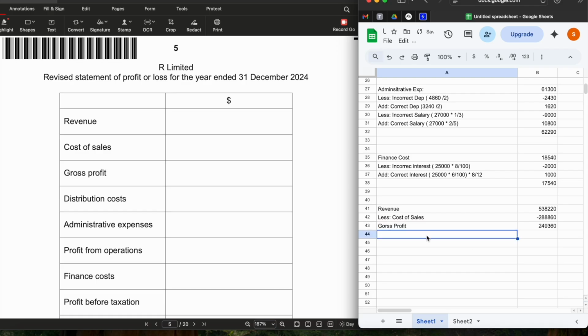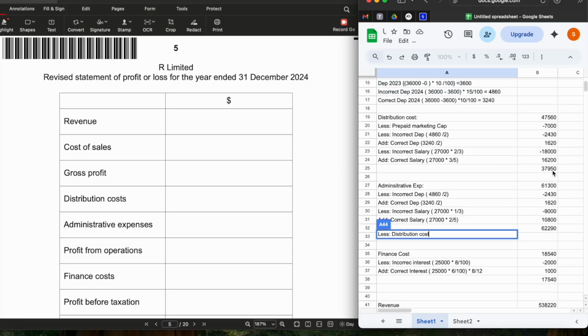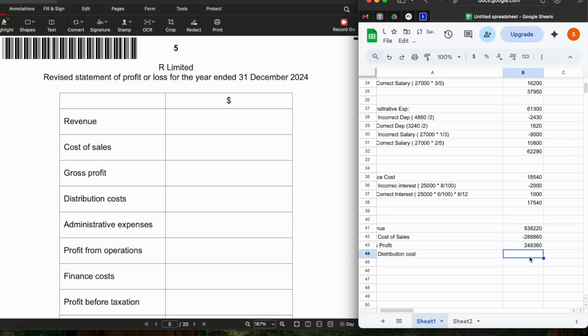From gross profit, we'll subtract distribution cost, which we calculated right here, 37,950.